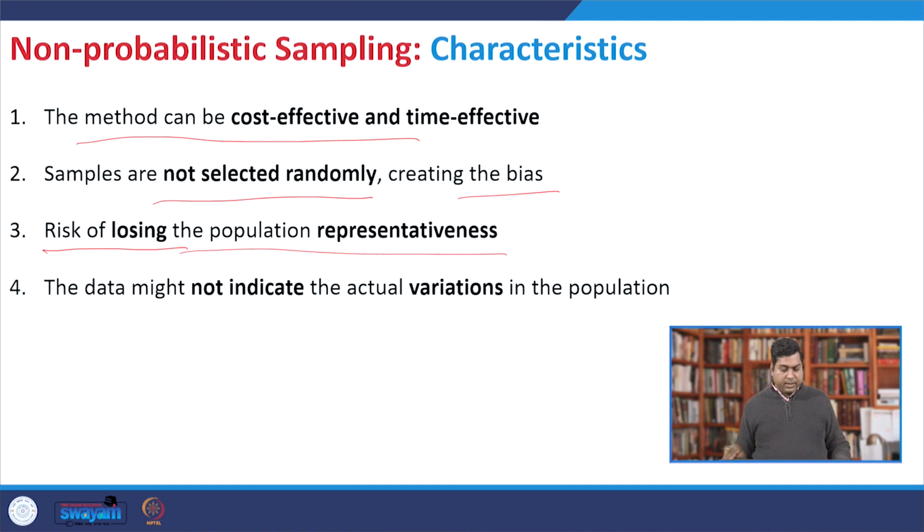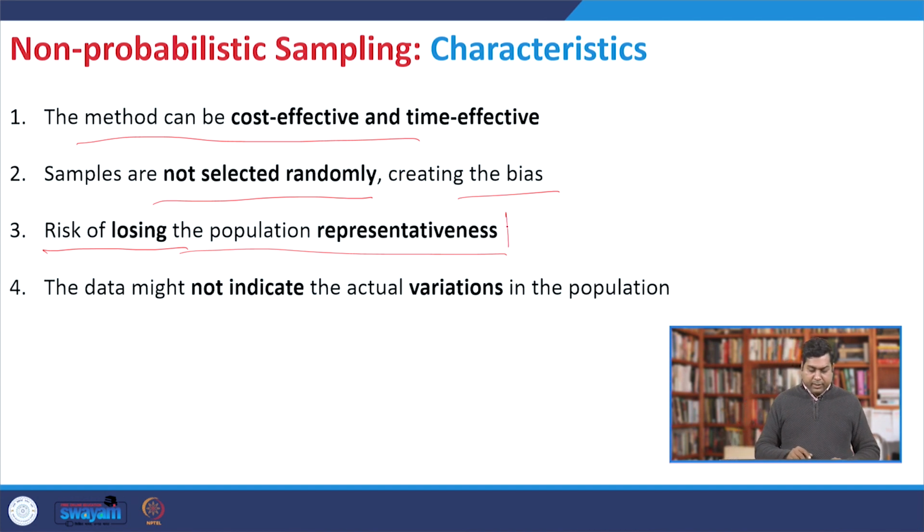So in all such cases, for convenience sampling or non-random sampling or non-probabilistic sampling, these are the few issues that we need to really take care. But at the same time, for exploratory research, or maybe an initial phase of your research to test or pilot your questionnaire, these are very useful and helpful tools.